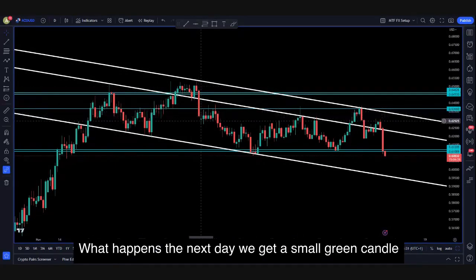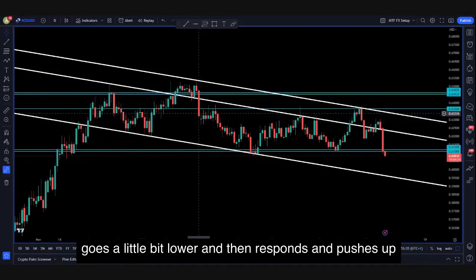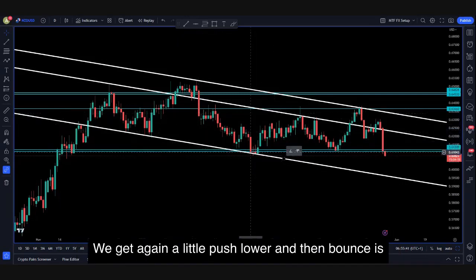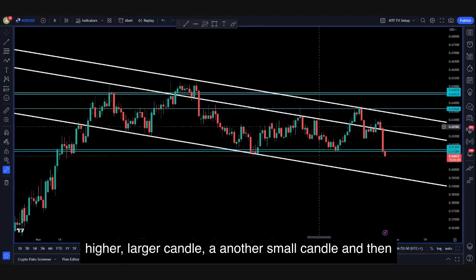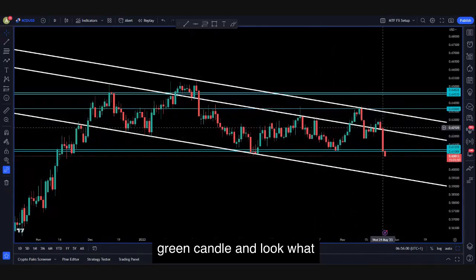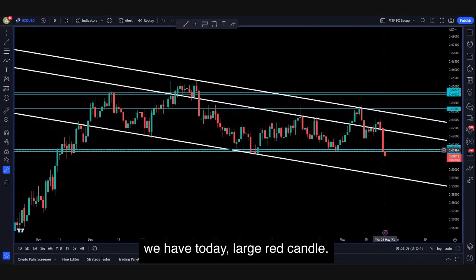We get a small green candle, goes a little bit lower and then responds and pushes up. Large red candle, we get again a little push lower and then bounces higher. Large red candle, another small candle, and then eventually bounces higher. Large red candle, a small green candle, and look what we have today: large red candle.